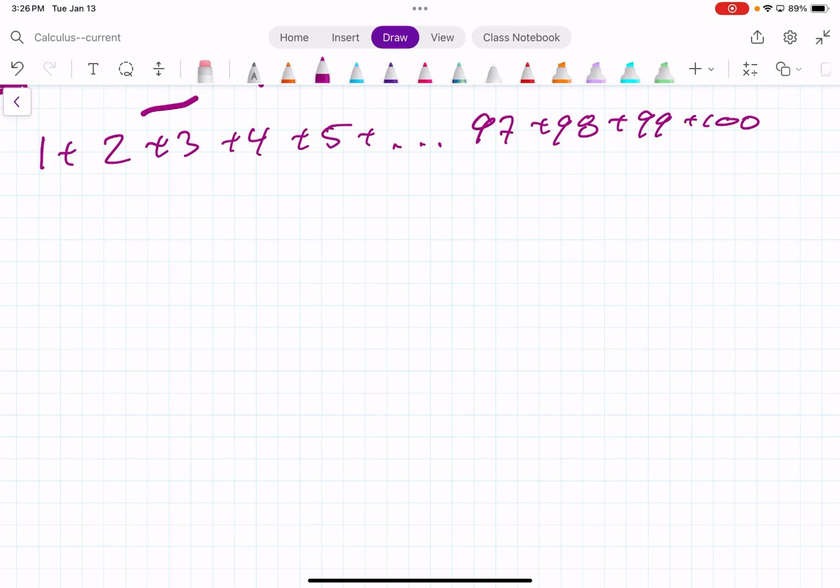Now, there is a story that's told about a mathematician and his tutor who gave him this question. This was Gauss, Frederick Gauss. You can look him up. You maybe have heard his name before. But the story goes, his tutor gave him this task.